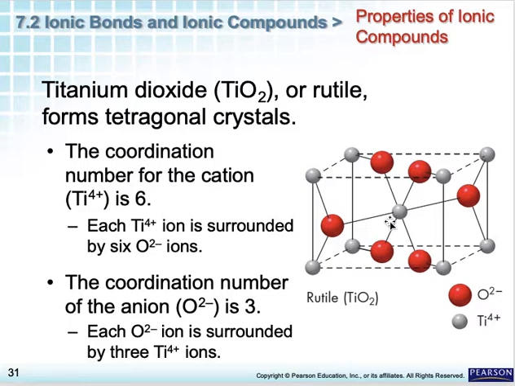Titanium dioxide. Oh, I think this is going to be it. I want you to write in your note, what is TiO2 used for? And I'm about to tell you. It is a very white compound, and titanium dioxide is used in the cream filling of Oreos.